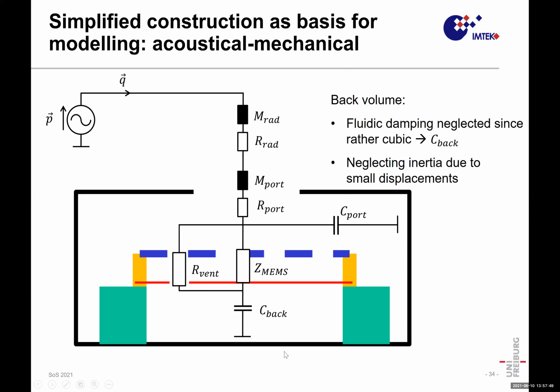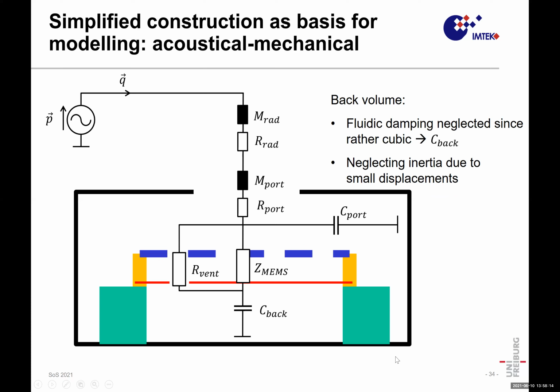This is nearly a small cube, and we can give it a spring effect. Its inertia is negligible because it's quite a little displacement. Losses also not, because it's like a cube, so it's a spring effect.